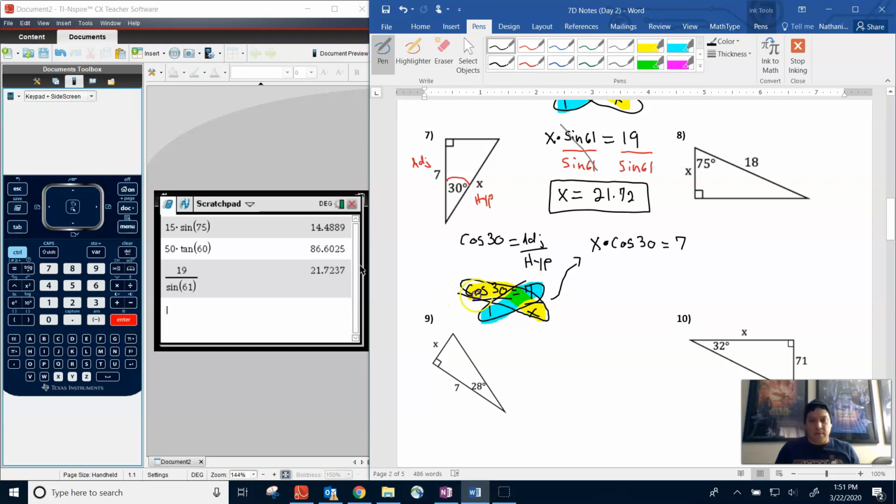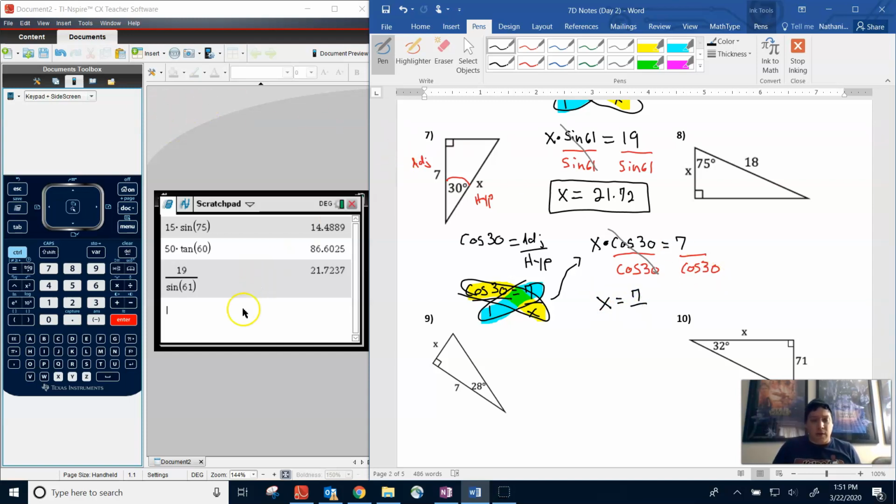Once again, x is not by itself here, so what we're going to have to do is do the opposite of multiplying and divide. Divide by cosine of 30 and divide by cosine of 30. These two will cancel out, and you're left with x is equal to 7 divided by cosine of 30.